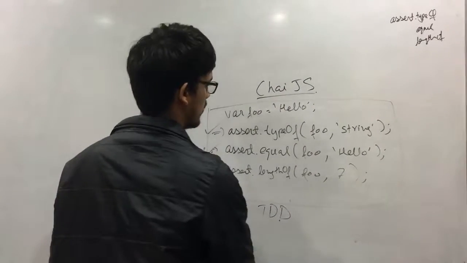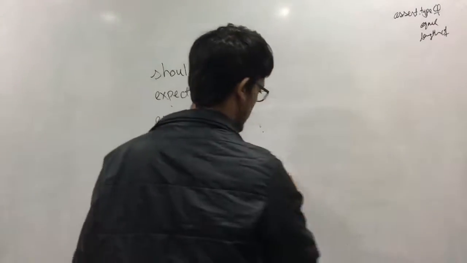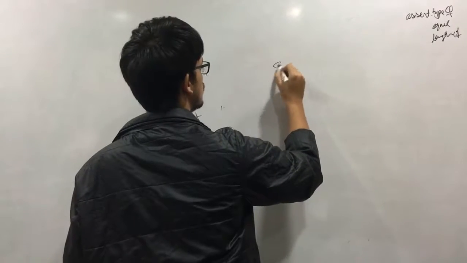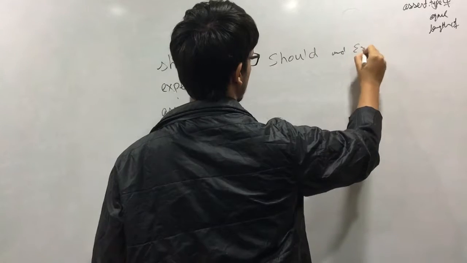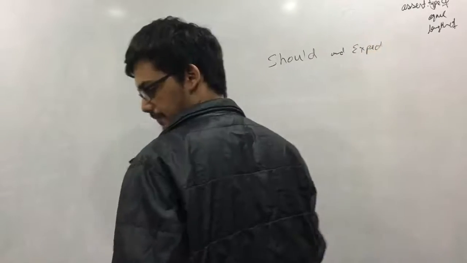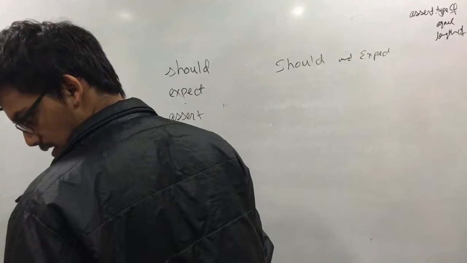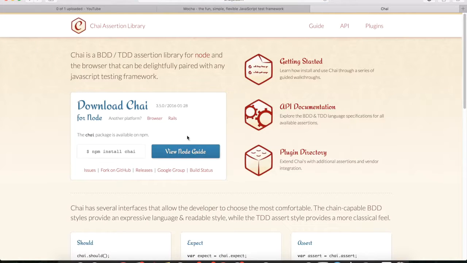Now let's focus on BDD style of development, which gives you two functionalities called should and expect. Official website of Chai.js.